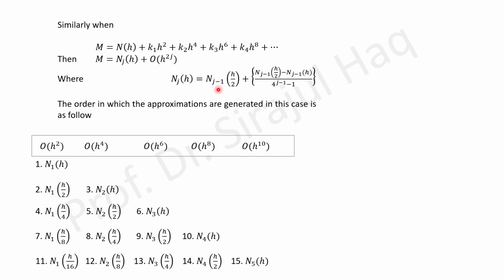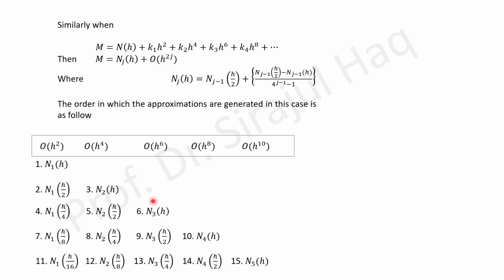So if you are using the previous formula, then N2 of h gives you error of order h squared. But if you are using this formula, then N2 of h gives you error of order h raised to the power 4.